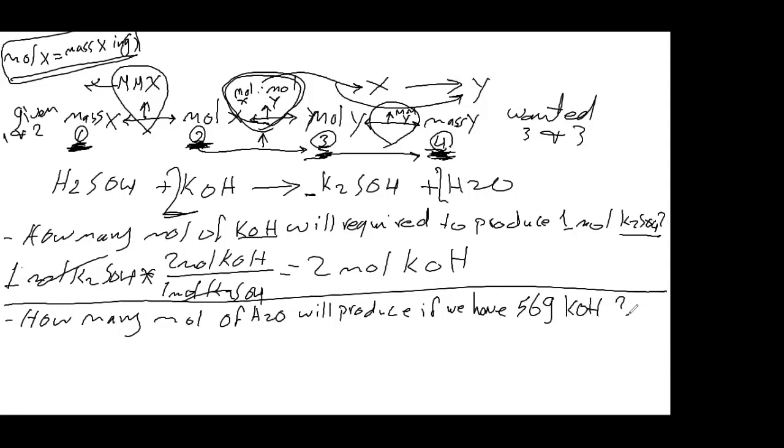First of all, let's start with the 56 gram KOH. They give you mass. So where you are, step 1 or step 2 in the map? I'm in step 1. I need to know where should I go. They are asking for how many mole of H2O. That means I need to go to step 3. So I will go from step 1 to 2 by using the molar mass of X, then from 2 to 3 by using the mole-to-mole ratio.